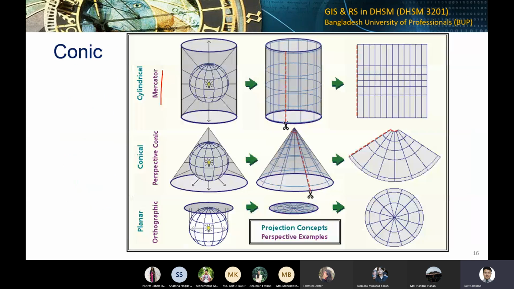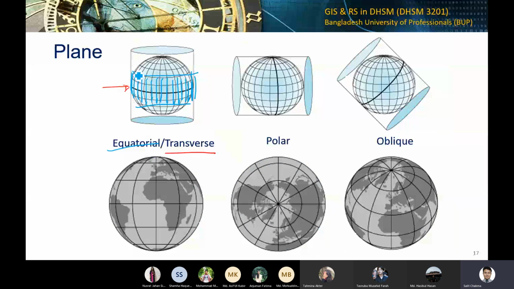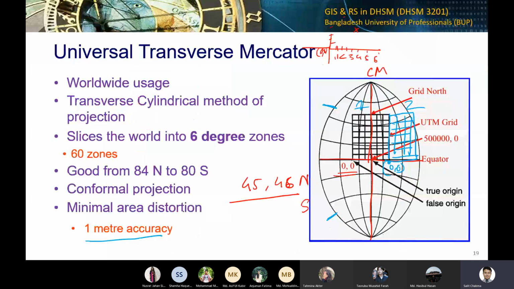As I said, using this diagram, there is very little distortion in this region, but high distortion in the polar regions. So that's why we have very small errors in our calculation, and this also made this coordinate system very, very popular.